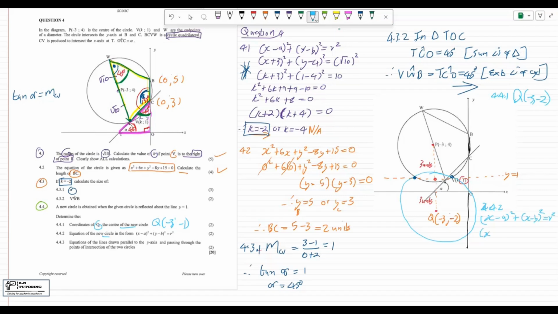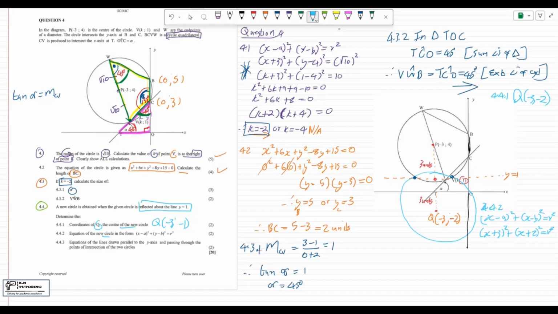We substitute the coordinates of Q: (x + 3)² + (y + 2)² = r². Now the question is, how do I find r squared? Remember, this circle was just reflected about the line y = 1.